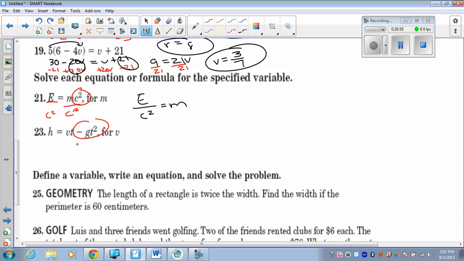I'm going to add it to h, so I end up with h plus gt squared equals vt, because I added it to the other side. And to get v by itself, we need to divide by t. So v equals h plus gt squared over t.